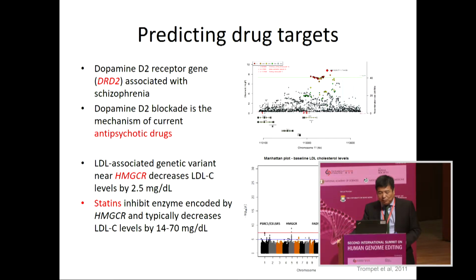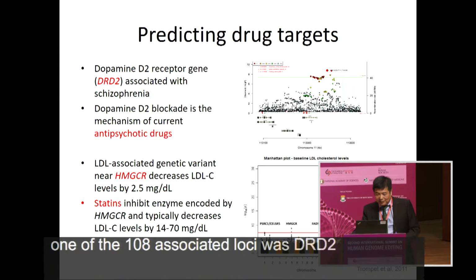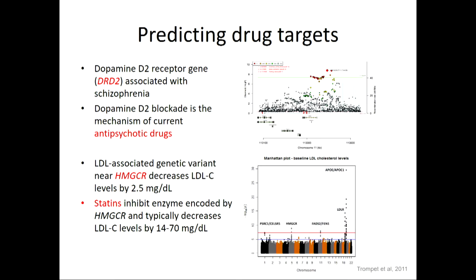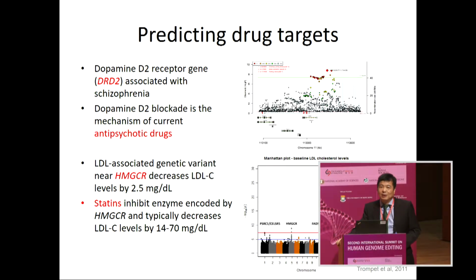And another example is the treatment of hyperlipidemia. So statin can lower blood lipids, and one of the genetic associations for blood lipid level was the gene HMGCR, which controls lipid levels. And one of the observations from that is that the effect size of the natural genetic variant was rather small compared to the effect size of statin.